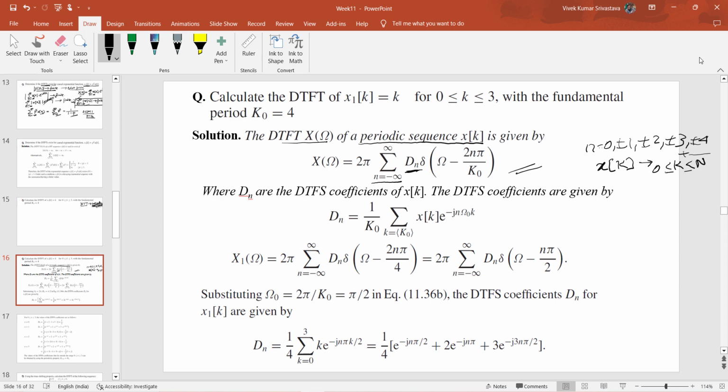Between this interval you have to evaluate the value of dn, that is the discrete time Fourier series coefficient.